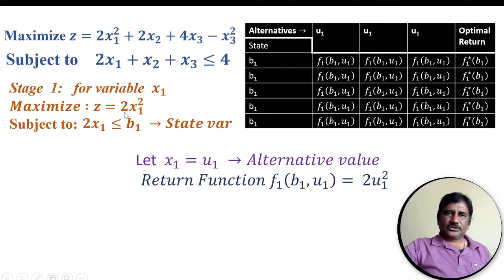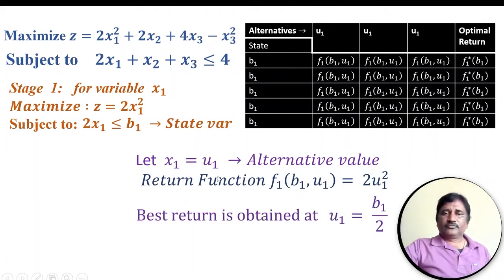So it will become 2u1 square. Depending upon values of u1, you will get different values of the return function. Suppose this is 0, then the return function will be 0; this is 1, then it will be 2; this is 2, then it will be 2 into 2 square, 4 into 2, 8. Likewise, it will go for certain values of state, right?